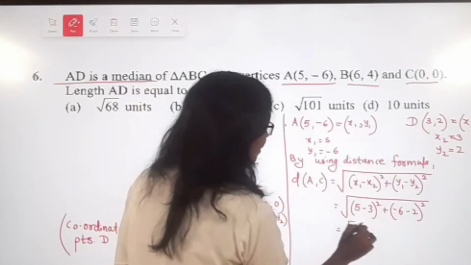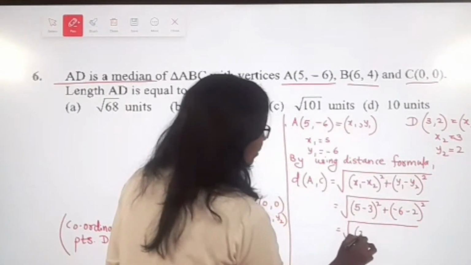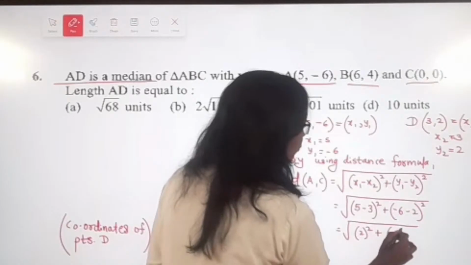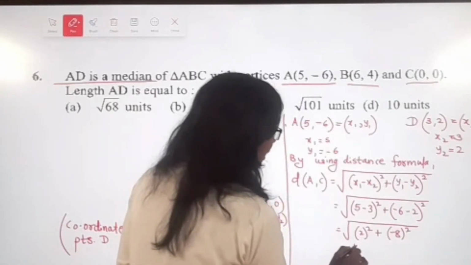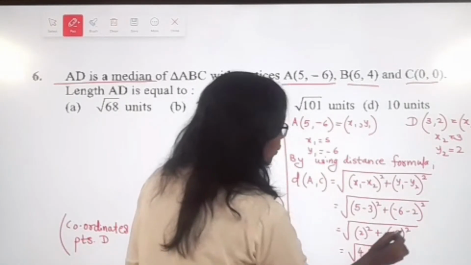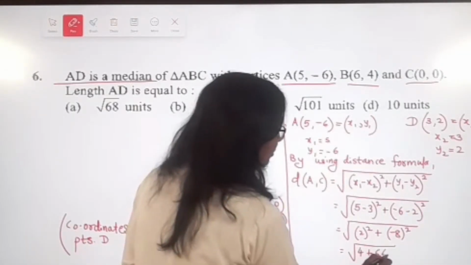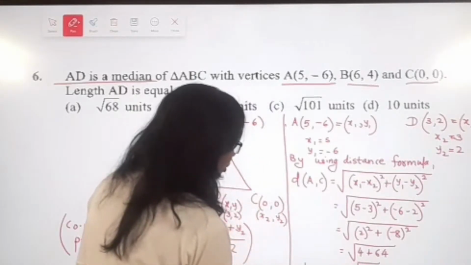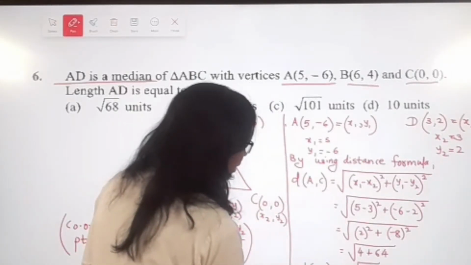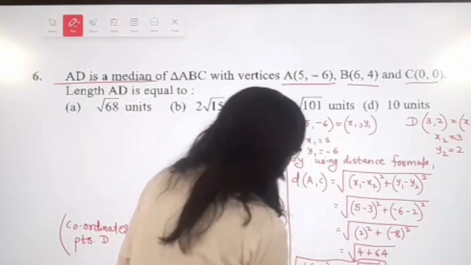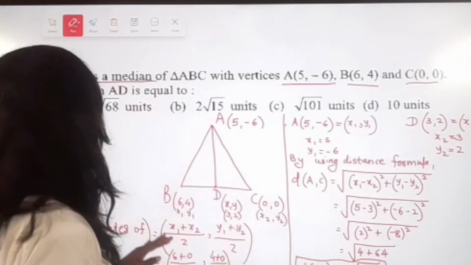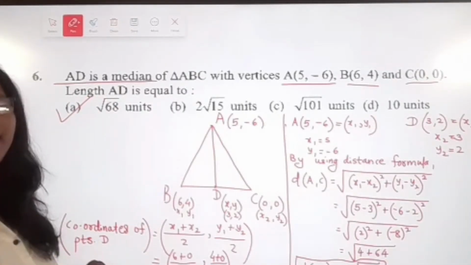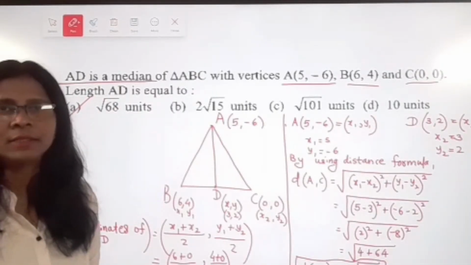So 5 minus 3 is 2, so square of 2, plus minus 6 minus 2, that means square of minus 8. So in the square root, 4 plus 64, so square root of 68. So, students, the distance from A to D is equal to root 68. So here, students, see this one: option A, root 68 units, is the correct answer. Okay students.